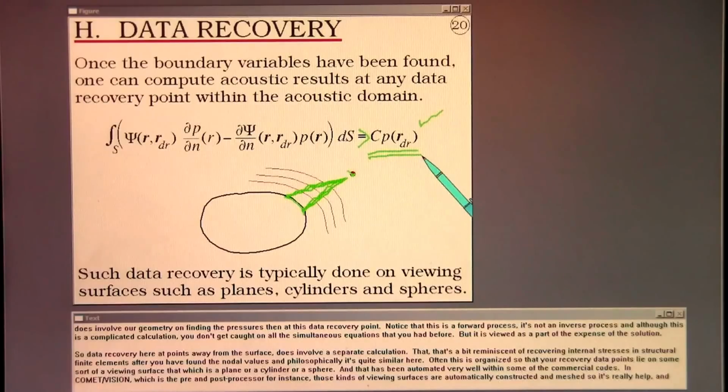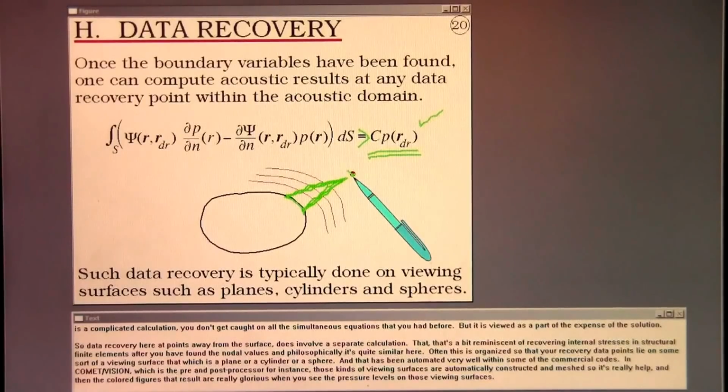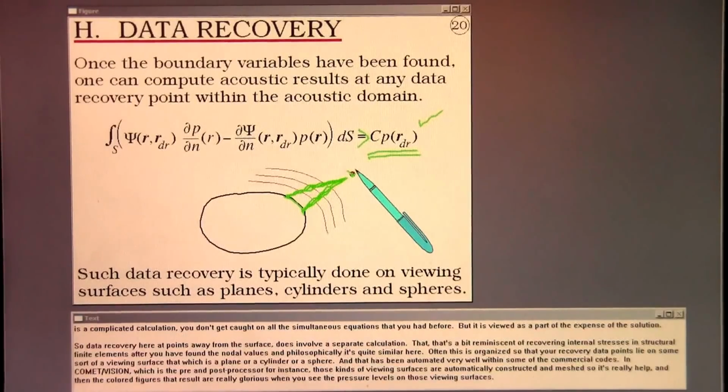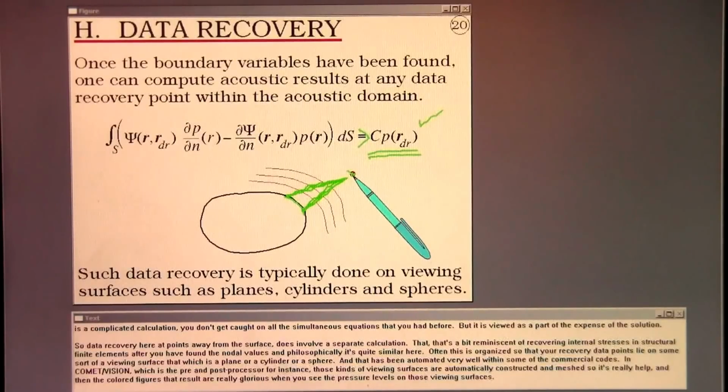That's a bit reminiscent of recovering internal stresses in structural finite elements after you have found the nodal values. And philosophically, it's quite similar here. Often this is organized so that your recovery data points lie on some sort of a viewing surface, such as a plane or a cylinder or a sphere, and that has been automated very well within some of the commercial codes.